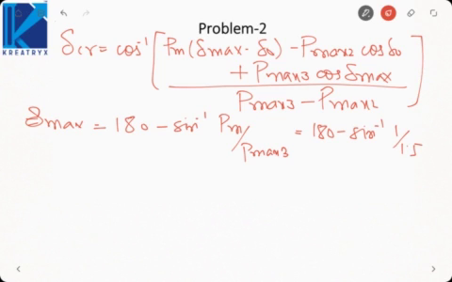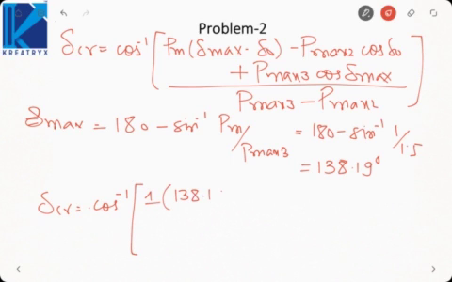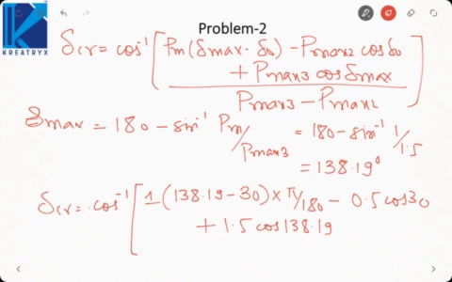So how much will this come out to be? 138.19 degrees. So delta CR will be cos inverse of [PM times (138.19 minus delta naught, which is given as 30, but this should be in radians), minus P max 2, which is 0.5, cos 30, plus 1.5 cos 138.19] divided by (1.5 minus 0.5).